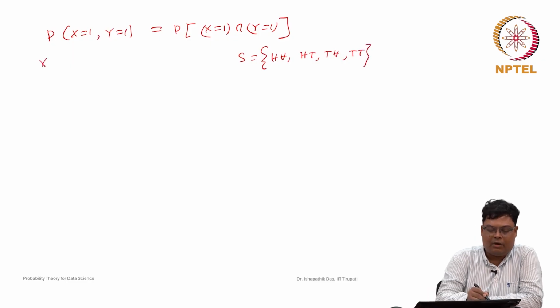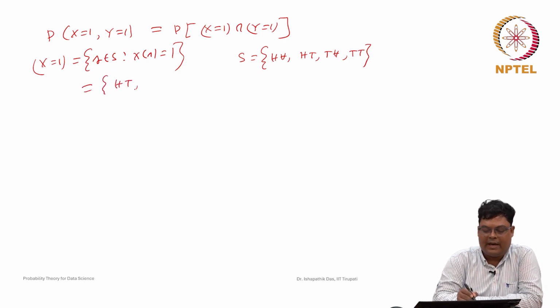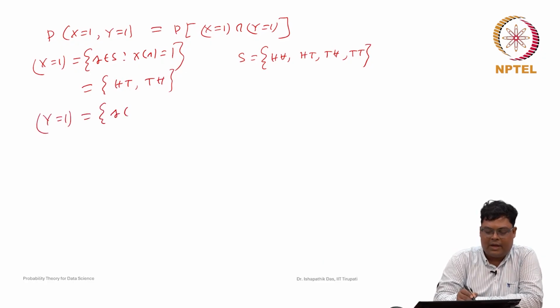What is X equal to 1? It is all s belonging to S such that X(s) is equal to 1. That means the number of heads will be 1, so it is head tail and tail head. Similarly, if you consider Y equal to 1, it is all s belonging to S such that Y(s) is equal to 1.